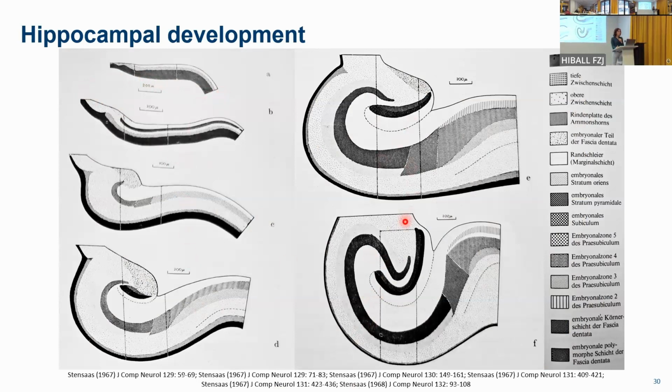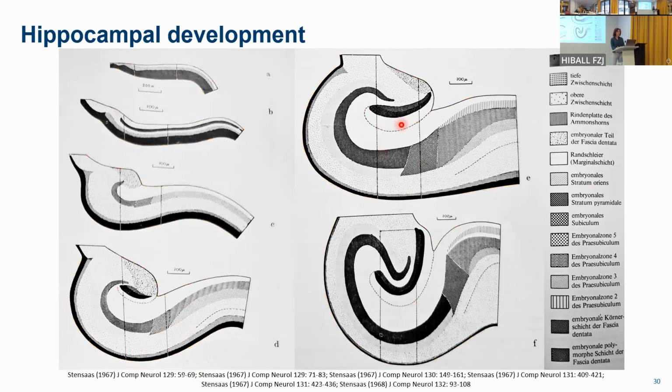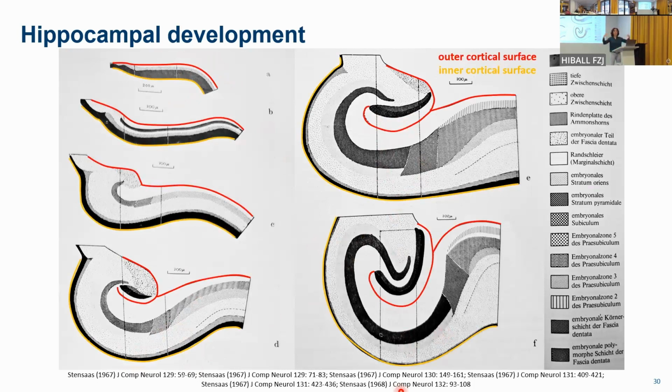And these schematic representations here show you the view of the hippocampus in a rabbit at 15 days of gestation, through 16, 19, right up to 25 days of gestation. And if you just draw the outer cortical surface and the inner cortical surface on each one of these lines, it becomes obvious that this dashed line here, which indicates the hippocampal fissure, is what was originally brain surface, the outer contour of the brain, okay?